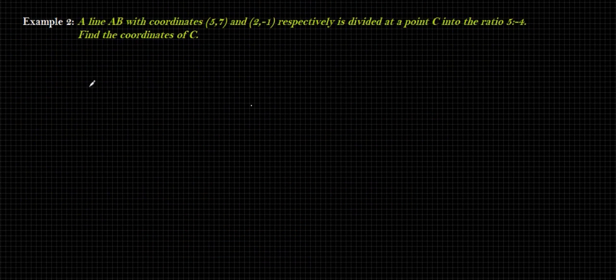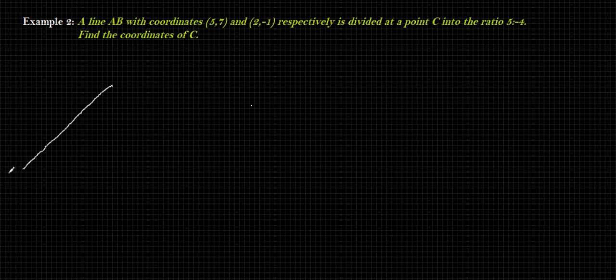Example 2 says a line AB with coordinates (5, 7) and (2, minus 1) respectively is divided at the point C into the ratio 5:4. Find the coordinates of C. So let's assume the line to take this form.